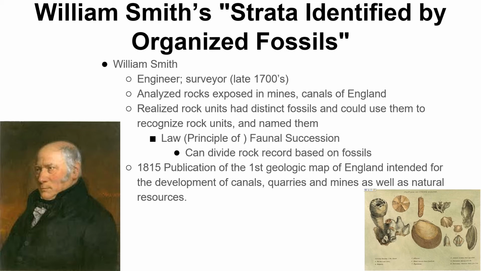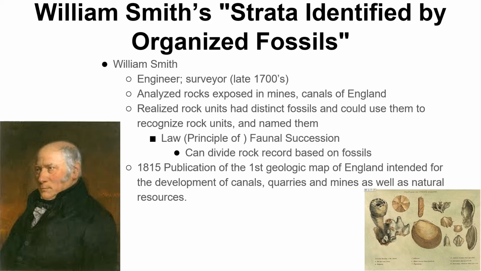William Smith is an incredibly impressive individual from the late 1700s. Was one of the first to actually do biostratigraphy on a large scale, strata identified by organized fossils. He was an engineer, actually, and a surveyor. His main job was to survey where to put canals for the booming coal industry in England in the 1700s.